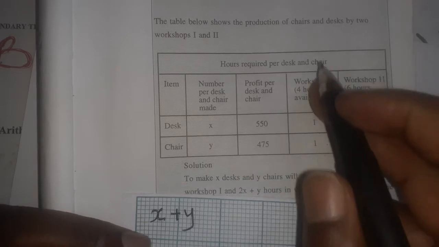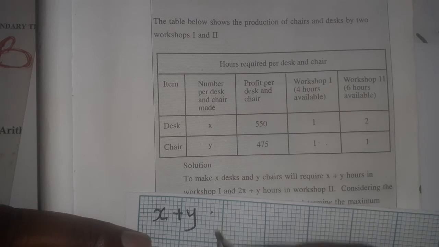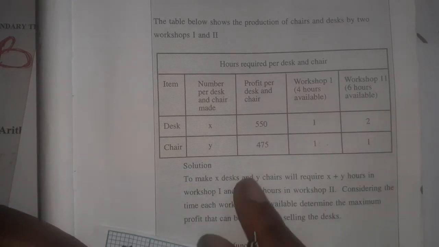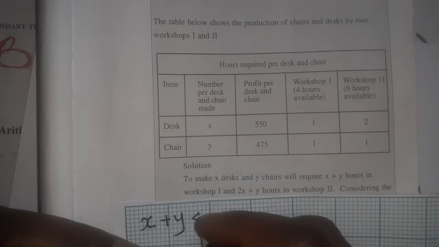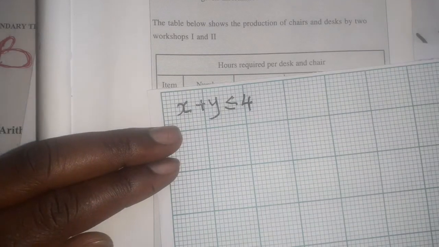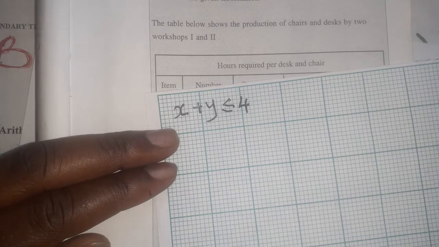We are looking at workshop 1 just. The total number that is available for workshop 1 is what? As you can see, it's 4. The total number of hours available for workshop 1 is 4. So we can't go beyond 4. It could either be equal to 4 or less. Okay? So this is the first inequality that we are supposed to have.